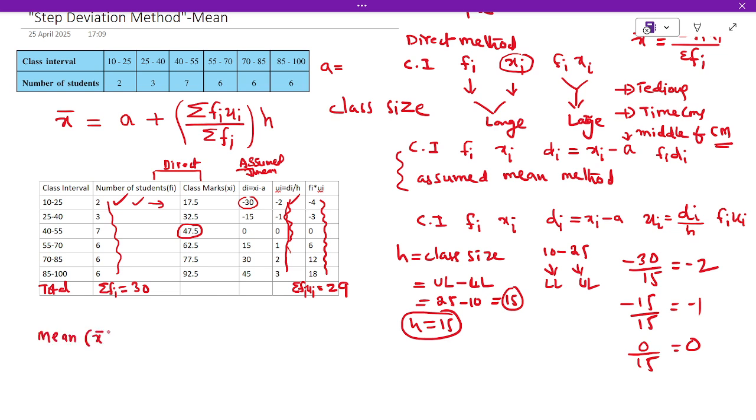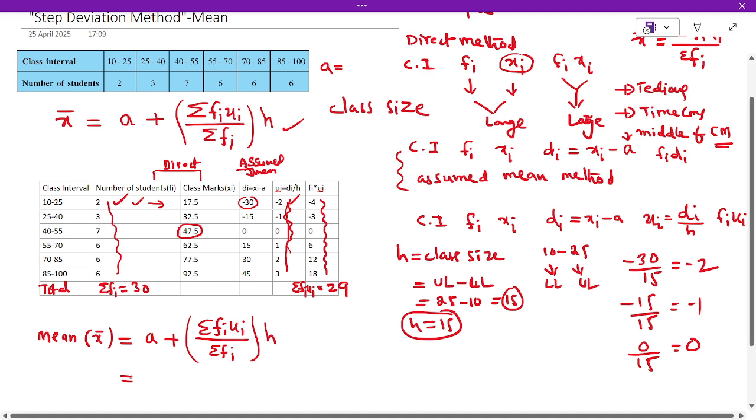So the mean x bar is equal to, this is our formula in the step deviation method: a plus sigma fi ui divided by sigma fi, then multiplied by the class size.